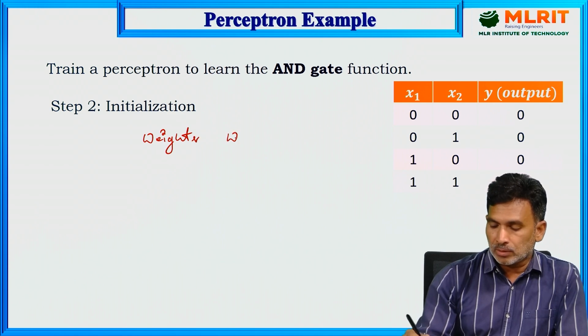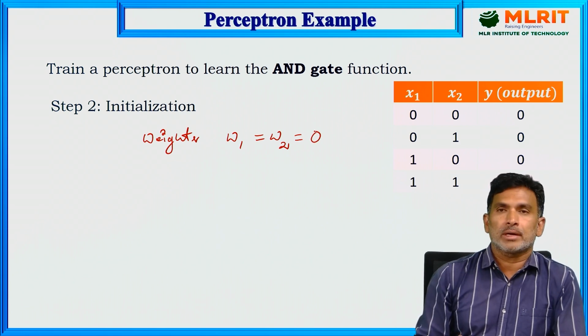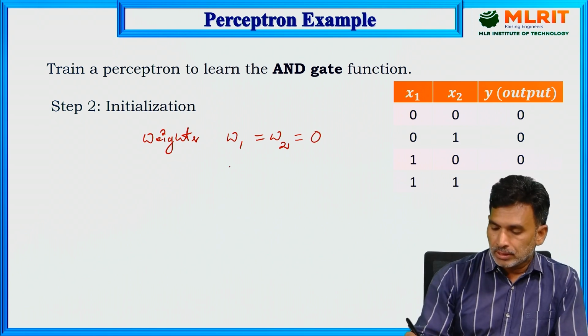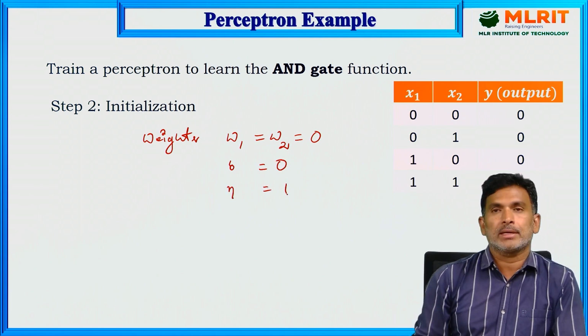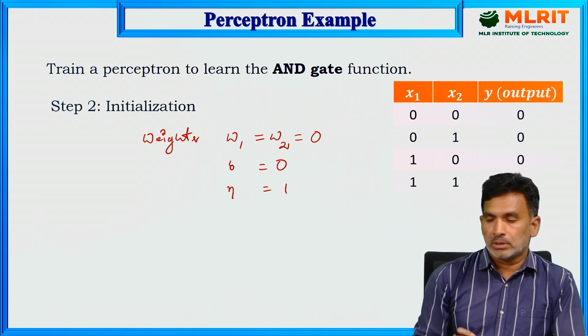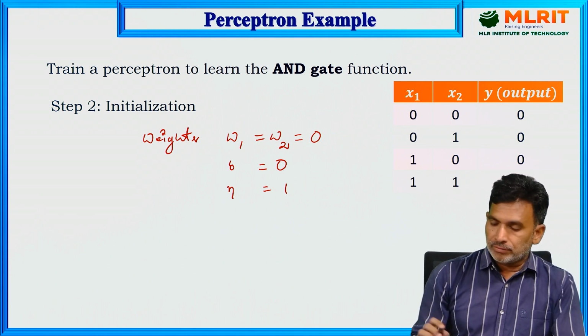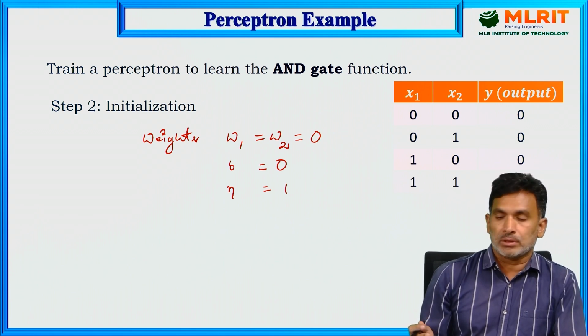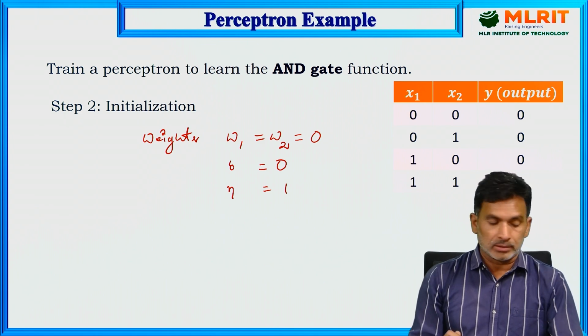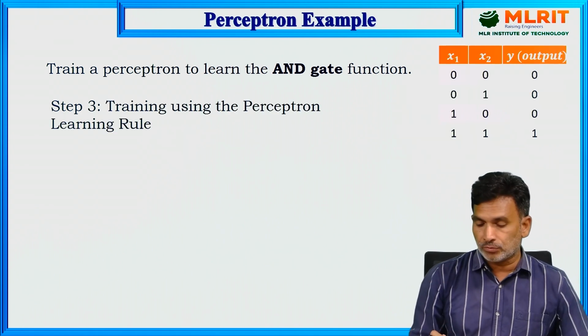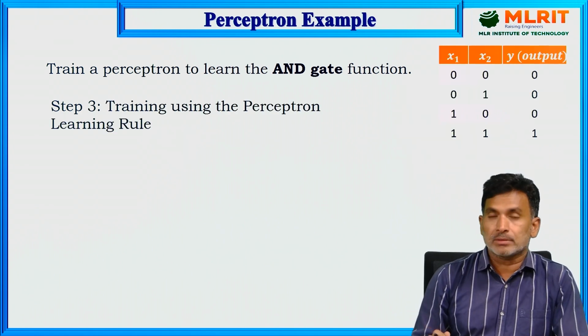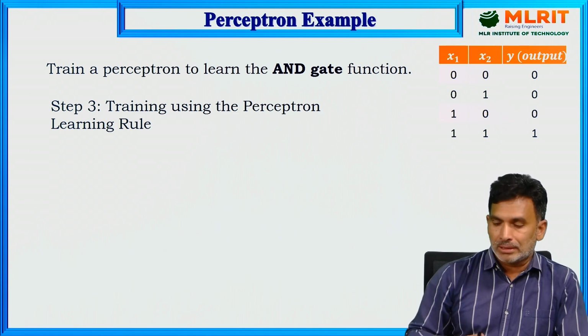Both W1 and W2 are initialized to 0, the bias is also initialized to 0, and the learning rate eta is initialized to 1. This is the initialization part. Next, the third step is training using the Perceptron learning rule.